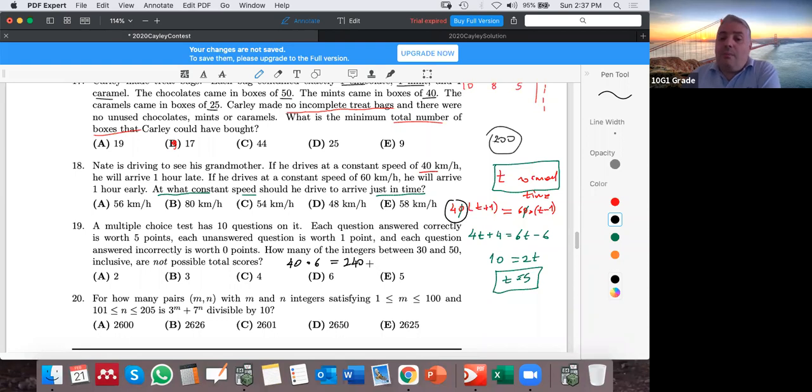So by using the 240 kilometer distance and the normal time, which is 5, what should the speed be? Speed should be 240 divided by 5, which is 48 kilometers per hour. It is part D.